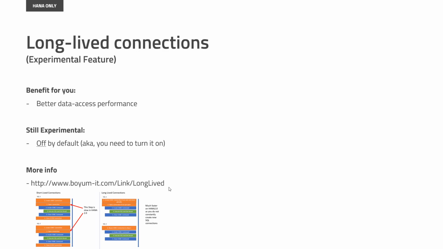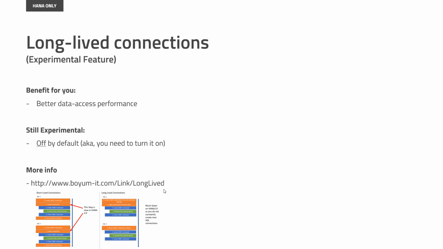Sometimes huge performance, other times you won't even notice that you have turned this on. And it's all described in the link, boyum-it.com/link/long-lived, because what these things are called is long-lived connections versus short-lived connections. And it will tell you all about how to turn it on, why, and all these things.